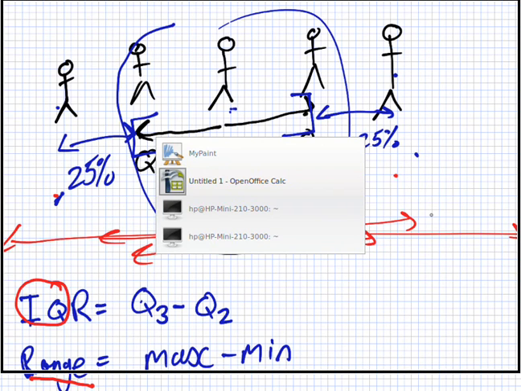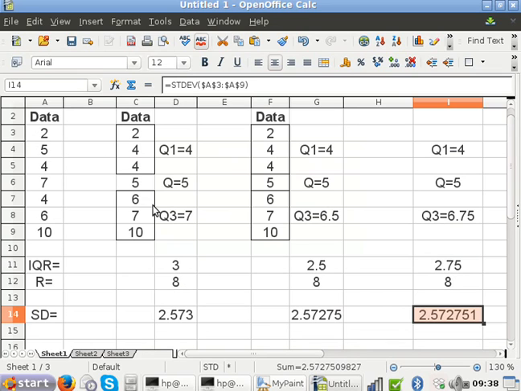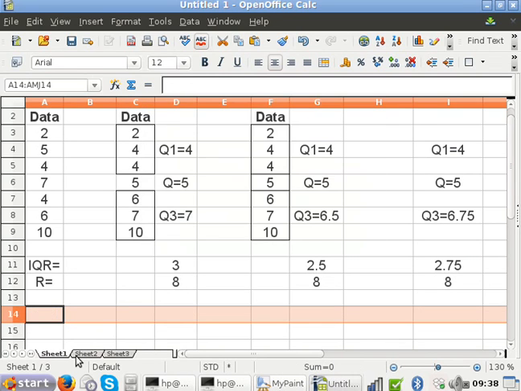Let's have a look at a bigger data set to see if we can get a better idea. You don't need to write this down. Okay, can I go to a new tab? Yeah?